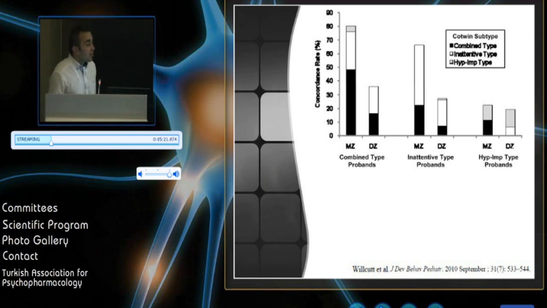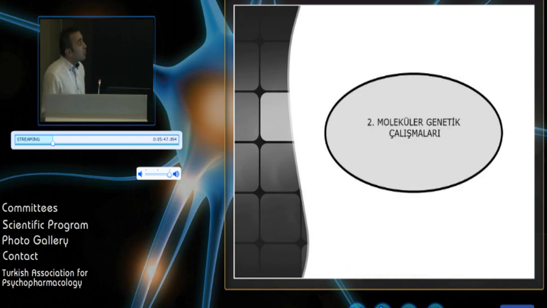In the hyperactivity impulsivity group, in half of those groups, we see that combined type is seen most of the time. And it supports a certain thesis. Hyperactivity and impulsivity is probably a primary subtype of this disorder, and this trial shows that it is a primary subtype.